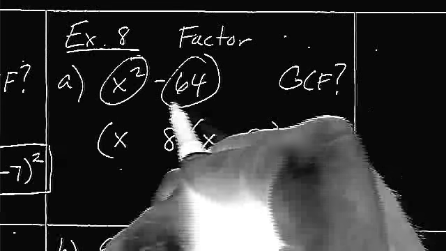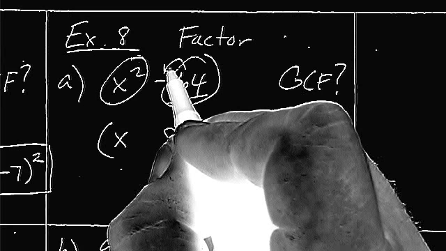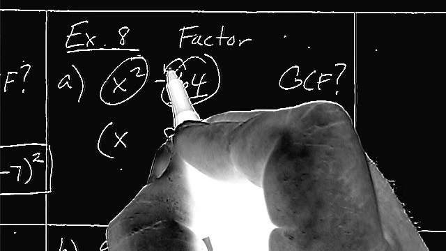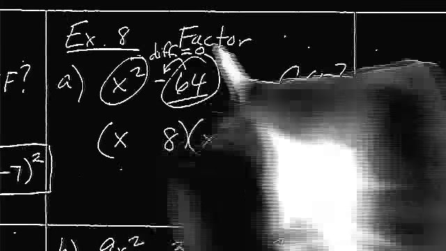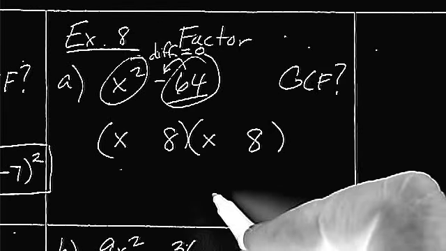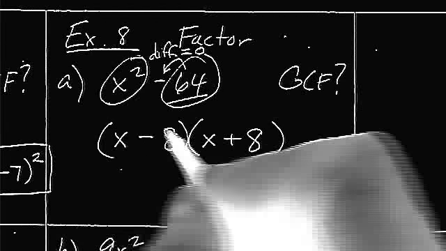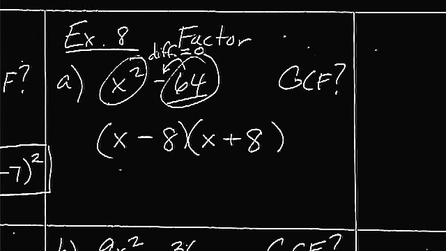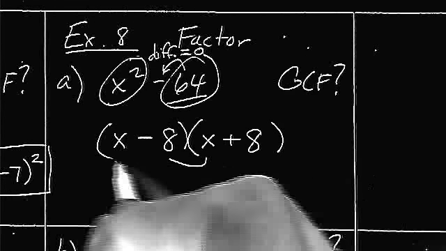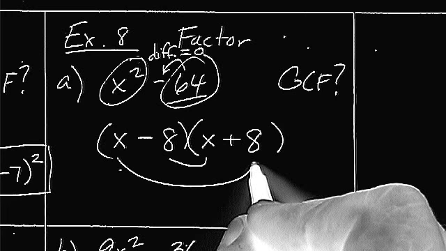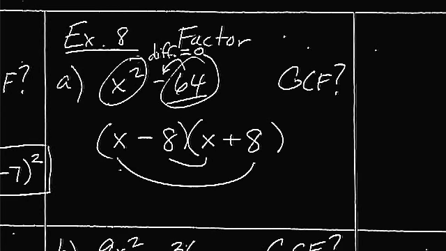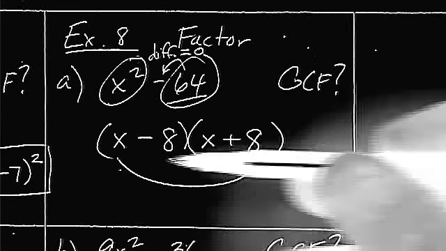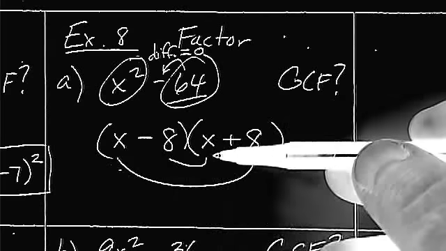But I need factors of 64 whose difference equals 0. So how do I do that? Well, if one of these is positive and one of these is negative, then I would get a difference of 0, right? Negative 8x, positive 8x. And their difference would be 0. And no, I can't write that as something squared, because obviously these two things are not the same.